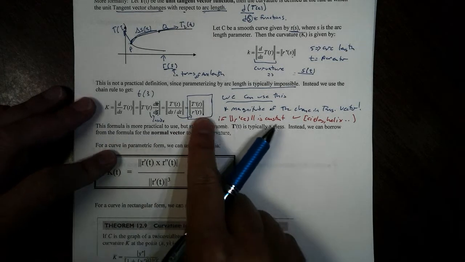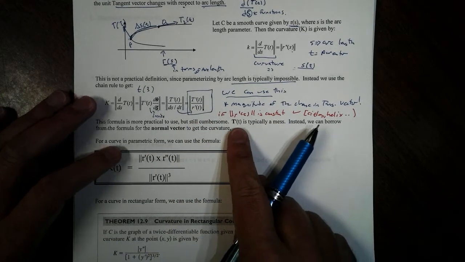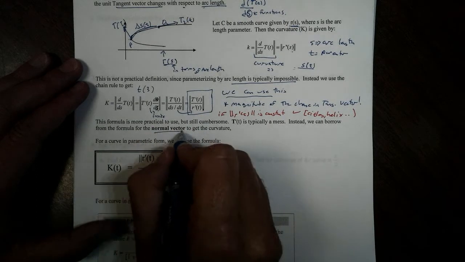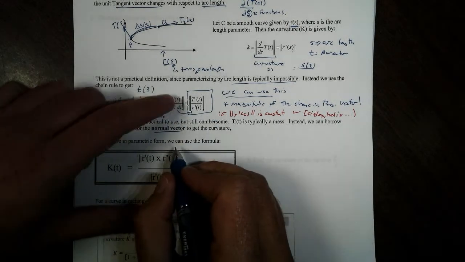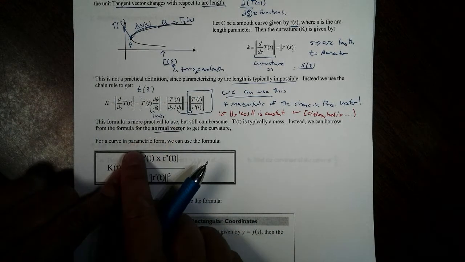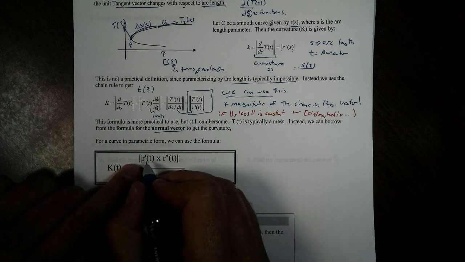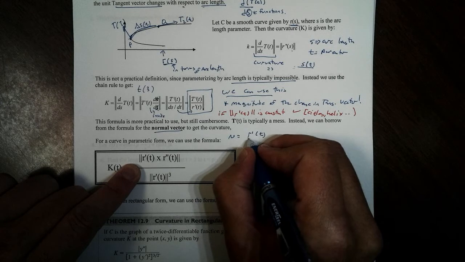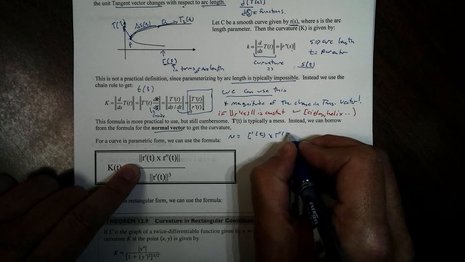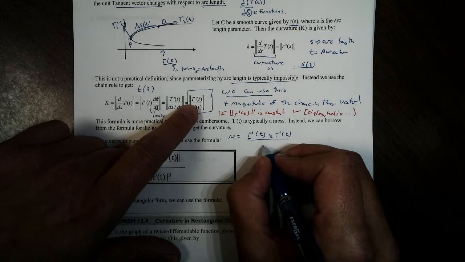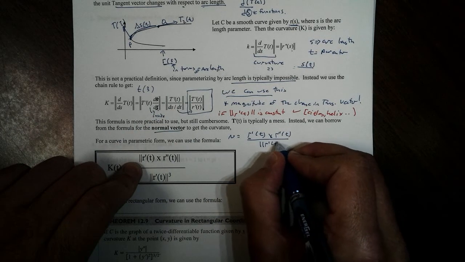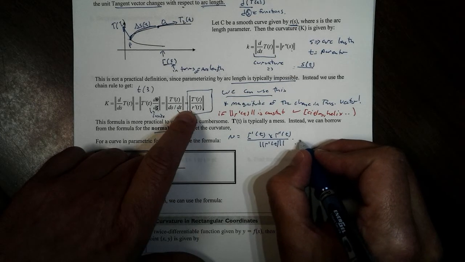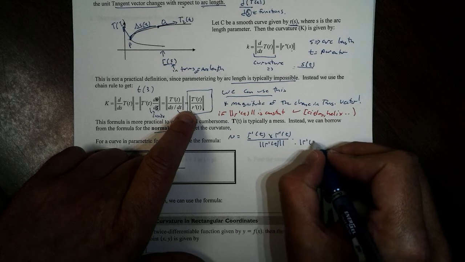So again, because this is still kind of cumbersome, T prime of t is typically still a mess. Instead, we can borrow the formula for the normal vector to get the curvature. When we did the normal vector, you might recall, we would do r prime of t cross r double prime of t, multiplied by the magnitude of r prime of t, and then we multiply the bottom again by the magnitude of r prime of t.